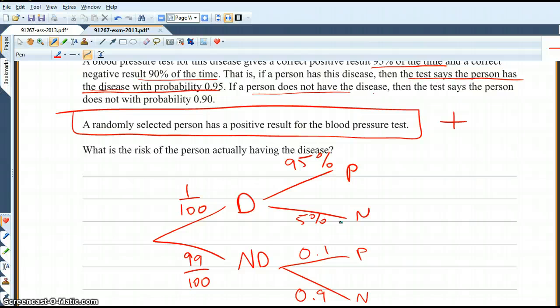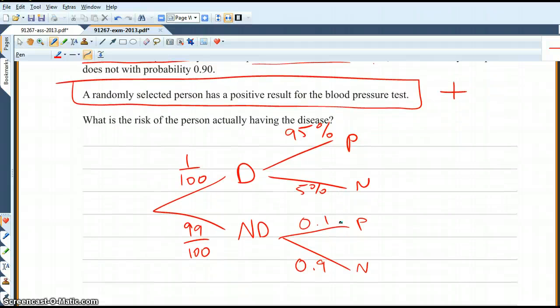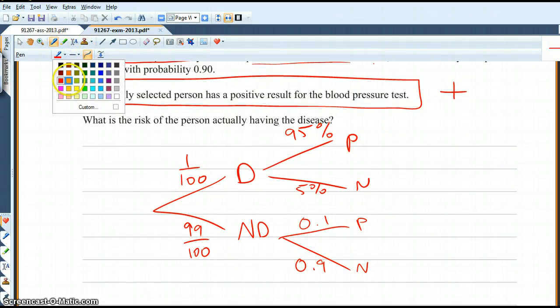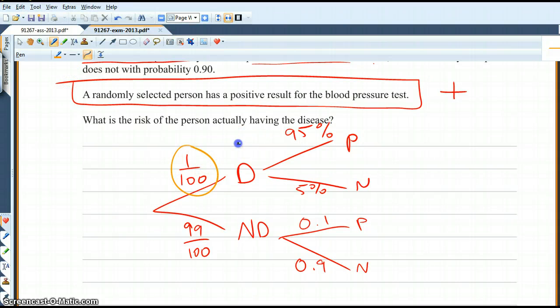Okay, so if they are tested positive, so that's going to be this times that. That's going to be don't have the disease testing positive, and then this times that is no disease testing positive.